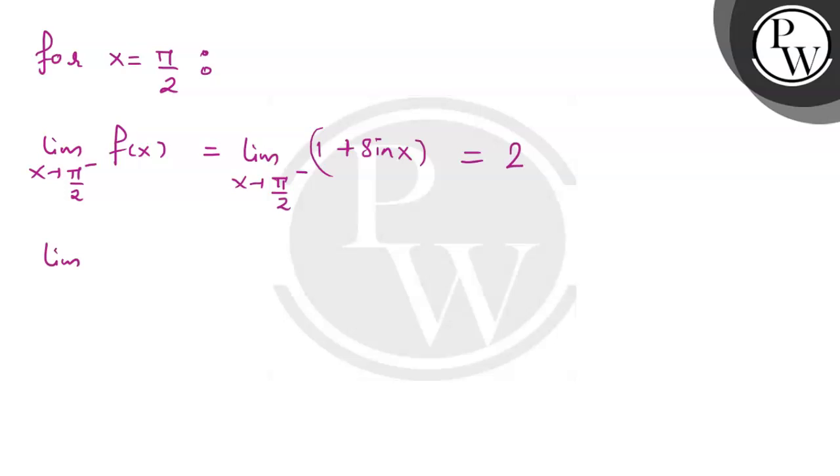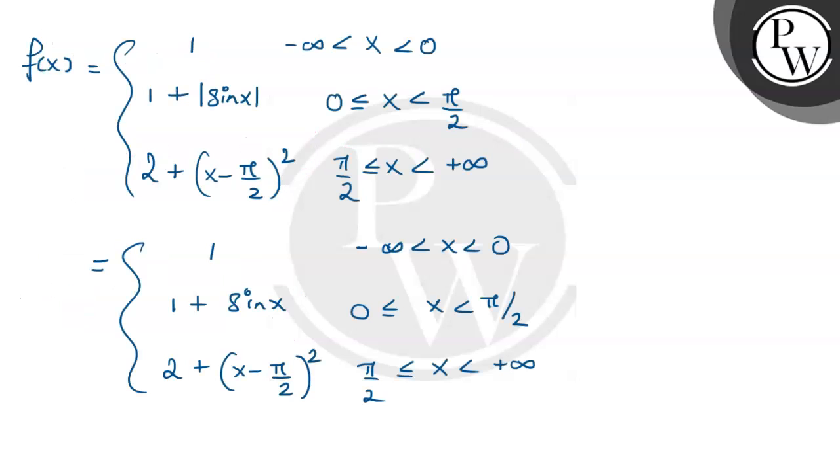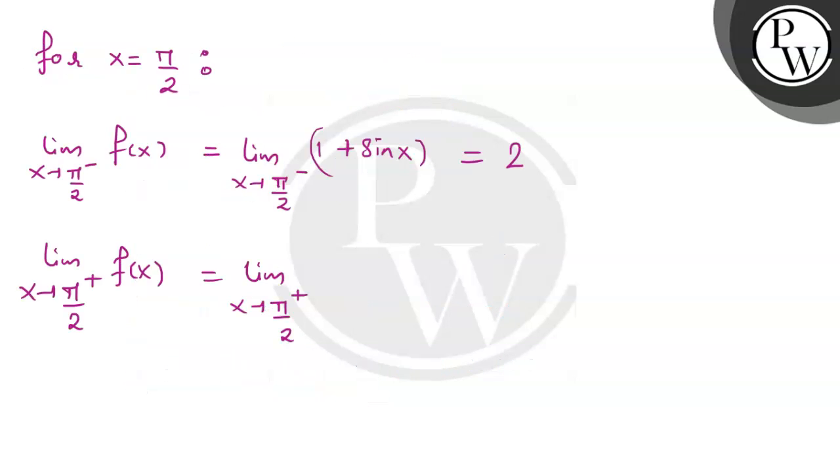Now let's get the right hand limit. So limit as x goes to pi by 2 plus of fx equal to limit as x goes to pi by 2 plus of. अब pi by 2 के right में the definition of the function is 2 plus x minus pi by 2 the whole square. यहाँ आ जाएगा 2 plus x minus pi by 2 the whole square, and यहाँ पर अगर लिमिट लगा लेंगे तो आ जाएगा 2 plus 0, and that is 2.